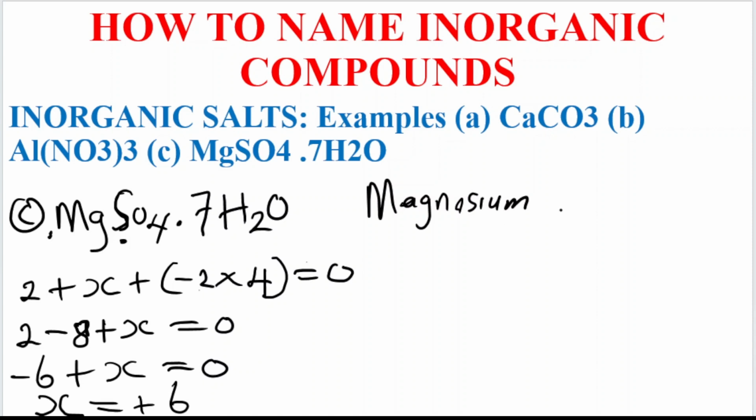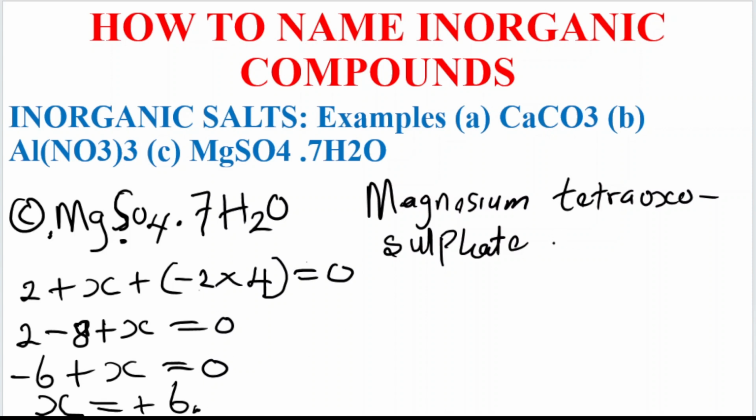Remember, now we have 4 oxygens, so it will no longer be trioxo, it will be tetraoxo. Magnesium tetraoxosulfate, because we have sulfur, it changes to sulfate. Sulfate what? 6, because that is the charge of the sulfur. Sulfate 6, which is VI.